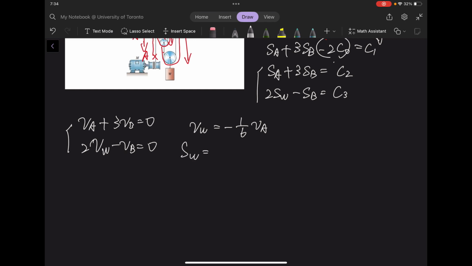SW is equal to VW t, which is negative 1/6 times 180 times 10, equal to negative 300 millimeter. So H is equal to 300 millimeter.